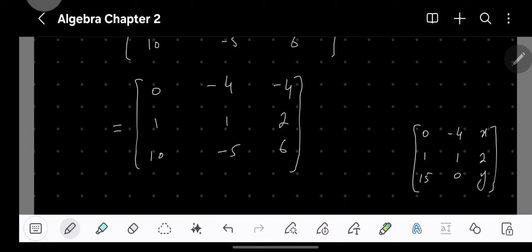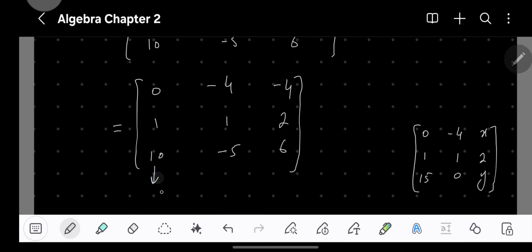Now again look at matrix B. You can check the first entry of the first row and the first entry of the first row of A are the same. The first entry of the second row of B and of A are the same. But the last entries are not the same. Here it should be 15. How can I make this 15?